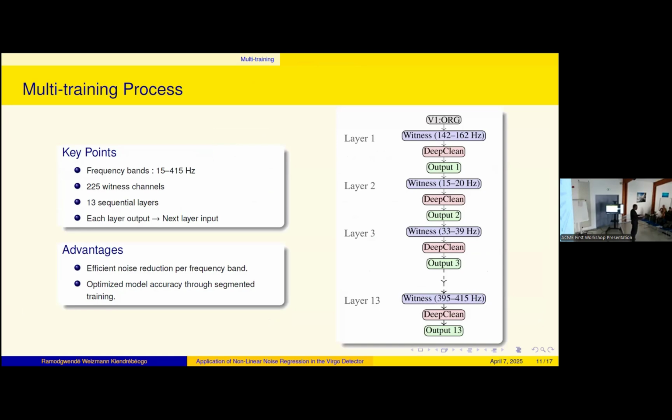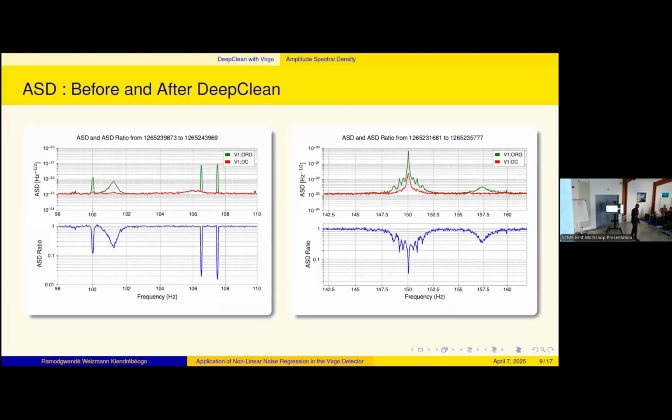That is why we use a multi-training process, which is a sequential process. We train on a specific smaller frequency band, like the first one, 142 to 162. When we train, we clean it, and we get a similar result like that.